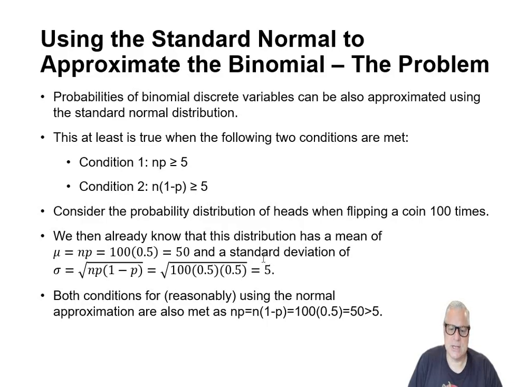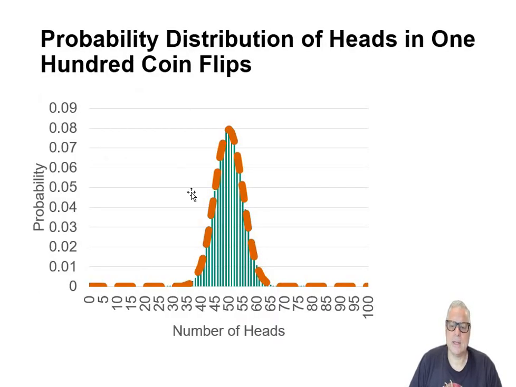And we can see that both conditions for using the normal approximation are met, because n times p, that's 50, and n times 1 minus p, that's also 50, which is far above 5. So here again you see the binomial distribution, and you see that the expected value, the mean, is 50.